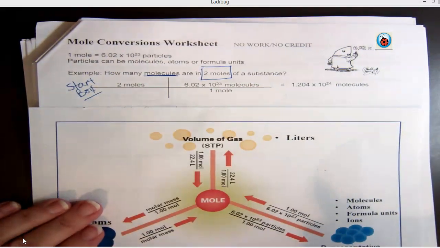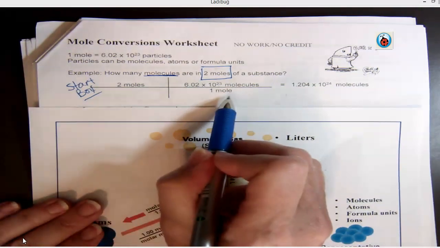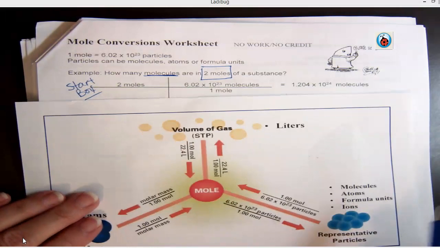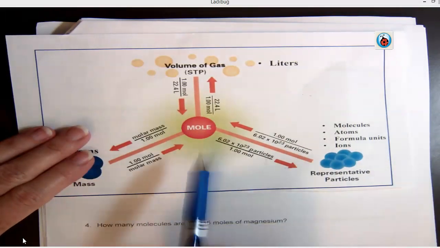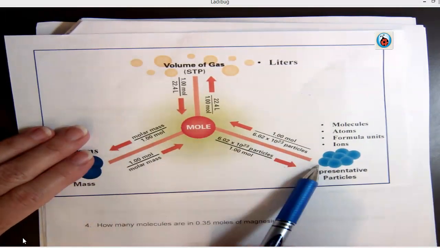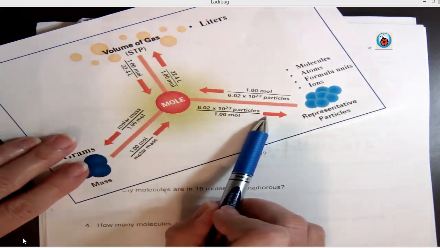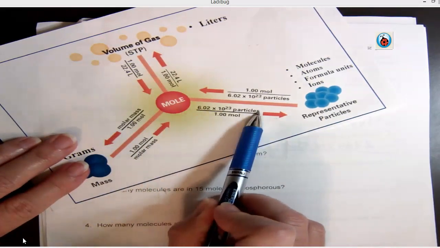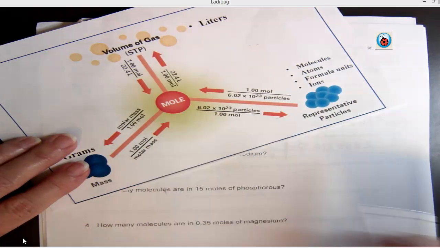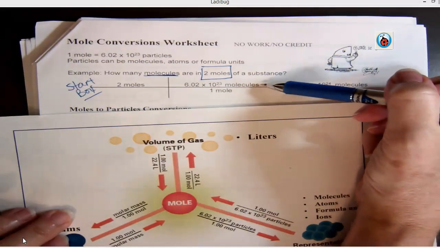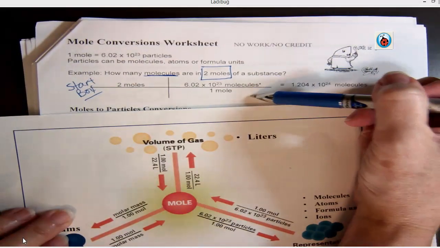Okay, and I'm going to make a conversion. And how do I know what to do? Well, I need moles to cancel out, so I know moles goes on the bottom. But if I'm looking at this mole chart here, and I'm going from moles to molecules, and I follow my arrow right there, it says I'm going to put particles on top, moles on the bottom. That's exactly what's here. Particles on top, moles on the bottom.